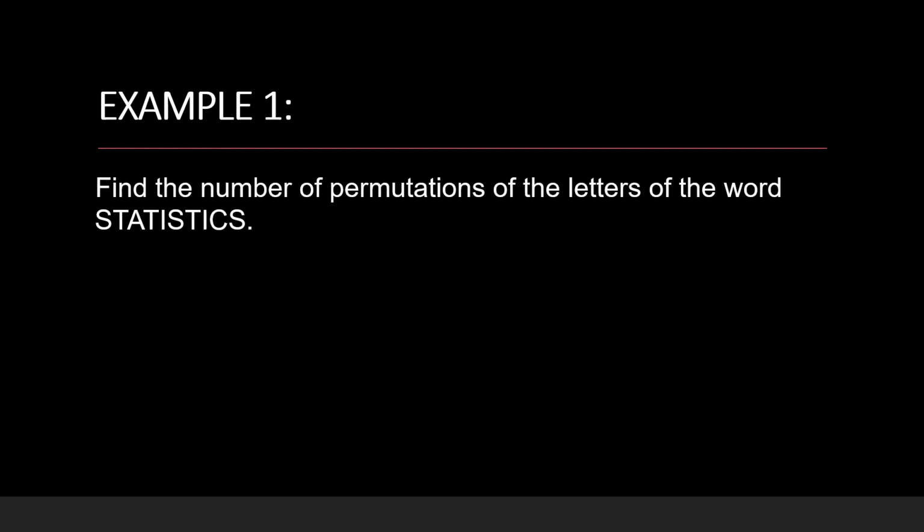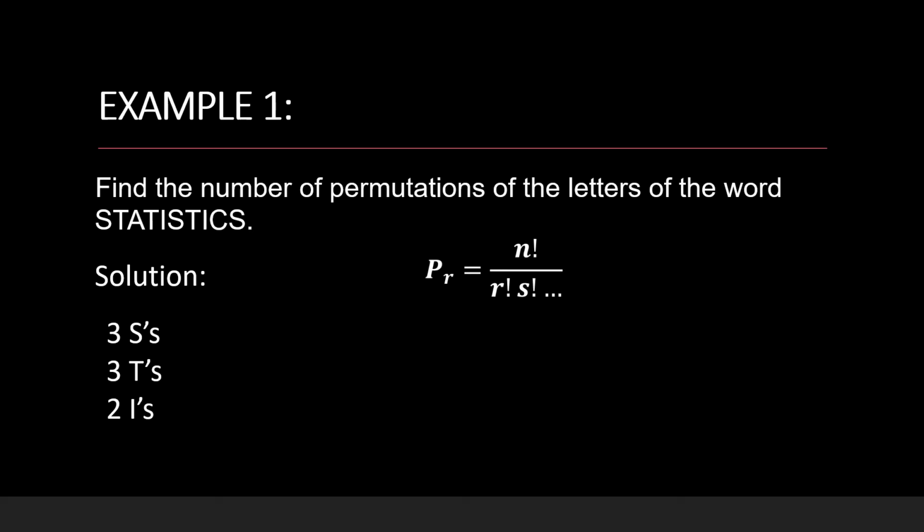Let us have the first example. Find the number of permutations of the letters of the word STATISTICS. Notice that we have 3 S's, 3 T's, and 2 I's. The formula to be used is permutation equals n factorial over r factorial times s factorial.